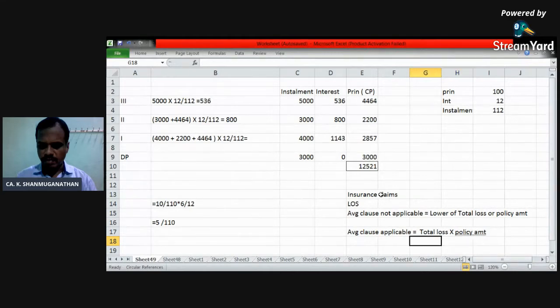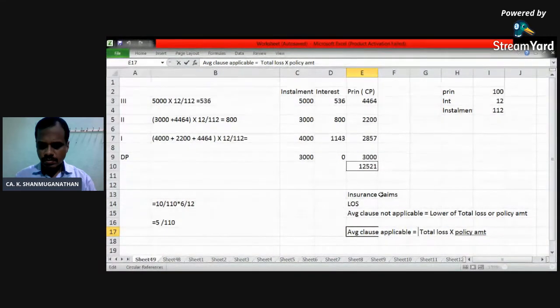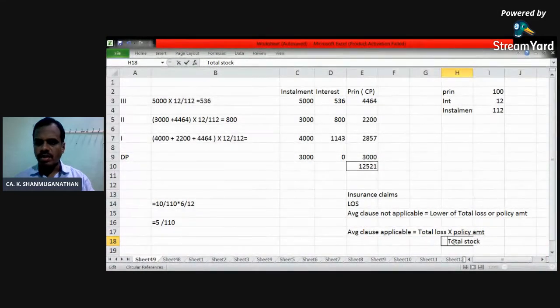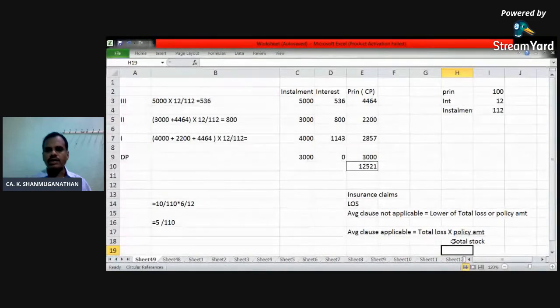Total stock on the date of loss should be our denominator. This is the way we present the formula. This is called the average clause formula.